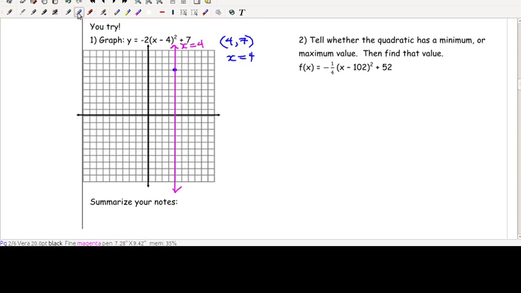Then I'm going to use my 1, 3, 5 rule. So 1, 3, 5, but in this case it's multiplied by 2. So 1 times 2 is 2, 2 times 3 is 6, and 2 times 5 is 10. So it's going to be 2, 6, 10, and it's negative, so we're going downward.